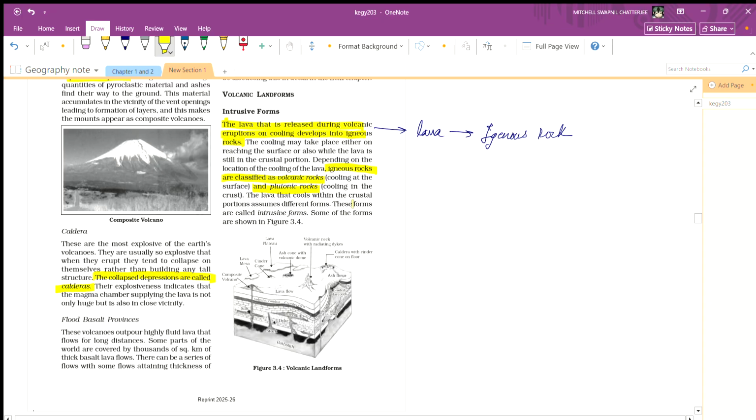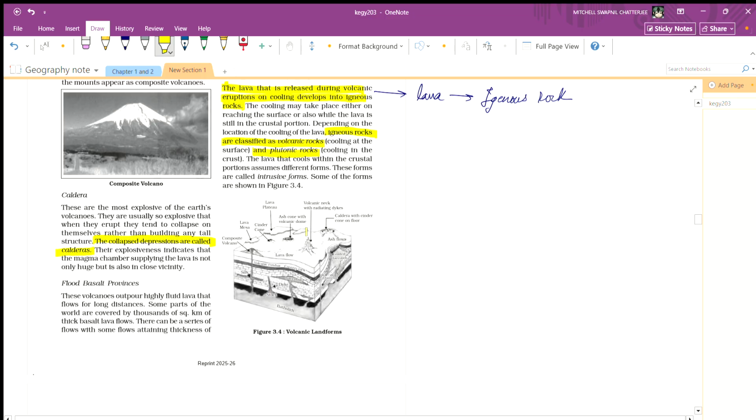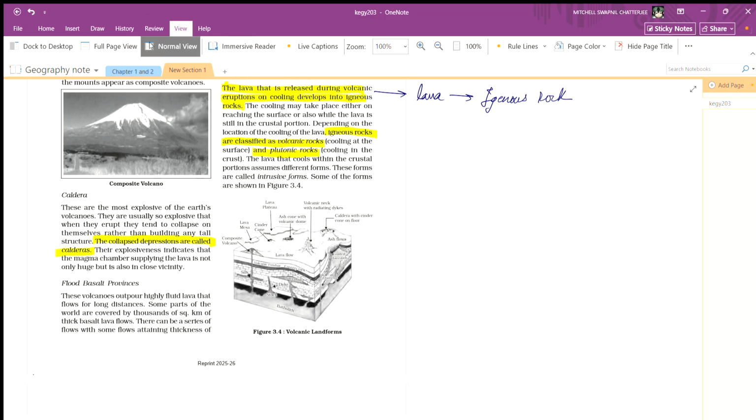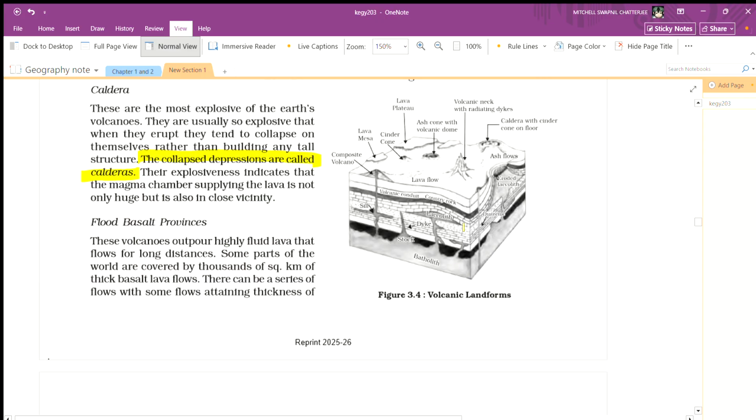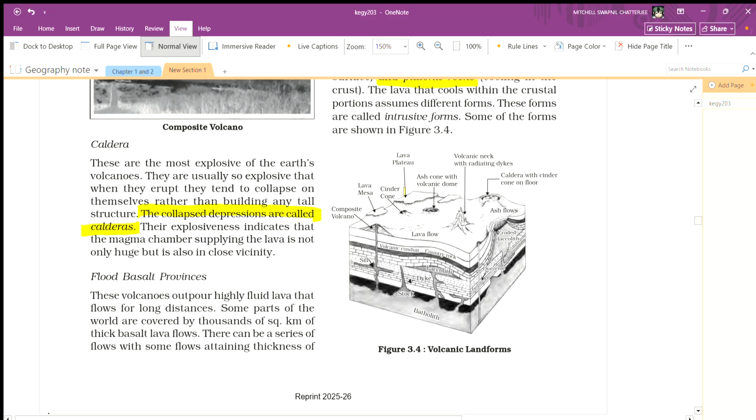Some forms are shown in the figure: composite volcano, ash cone volcano, and lava volcanic rock with radiating dikes, calderas, caldera with cinder cone on the floor.